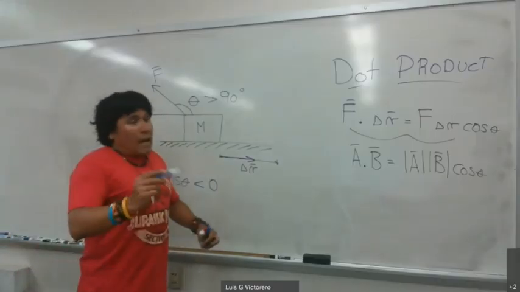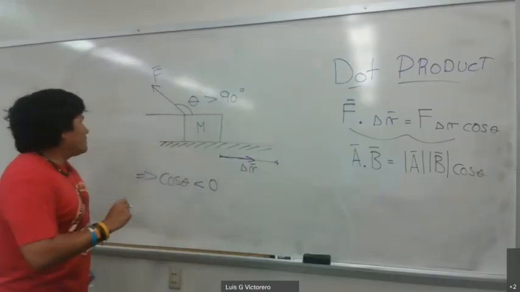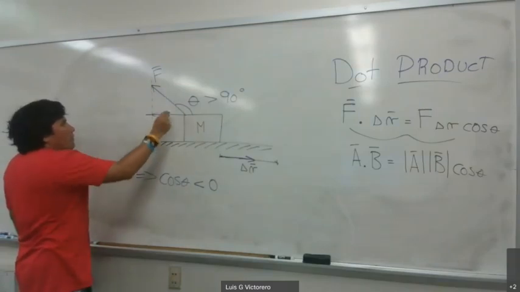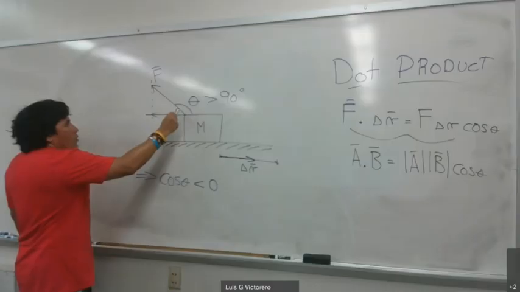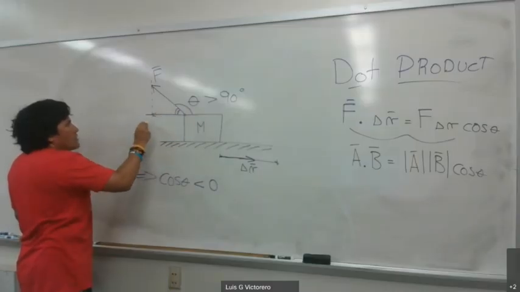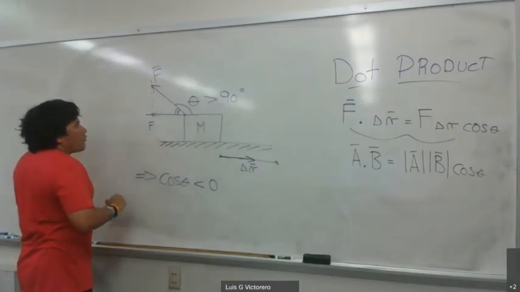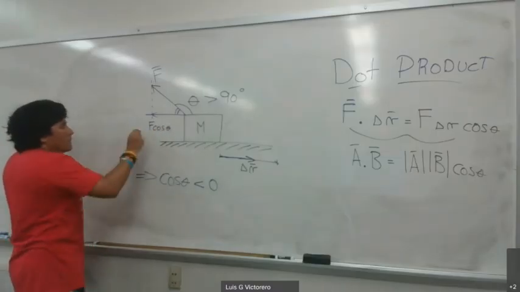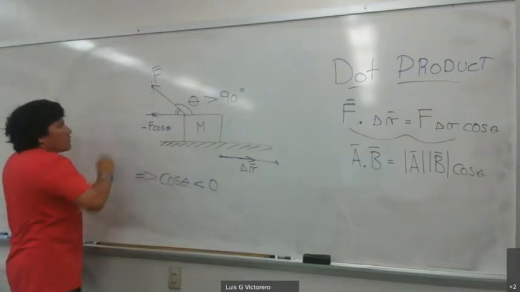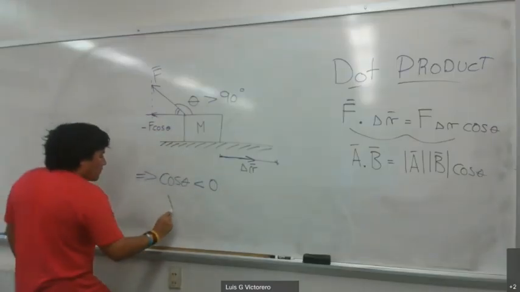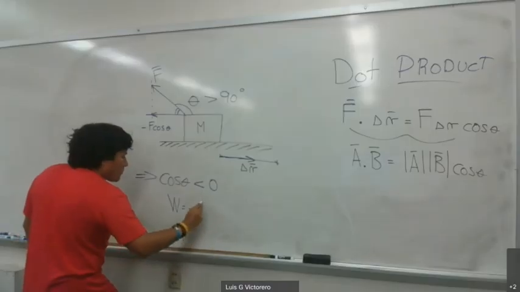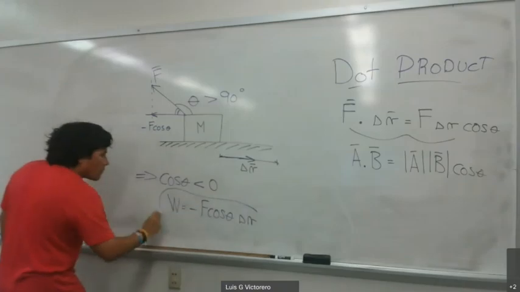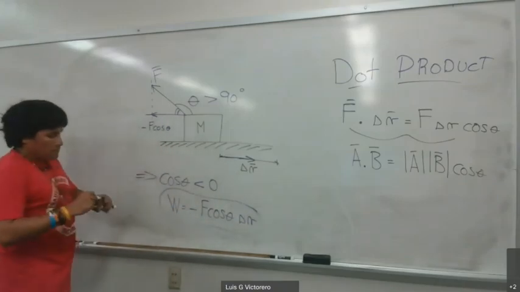So now let's understand this physically. We can do this, right? 180 minus theta, so this is F, but because of this, obviously the work has the minus, see the minus?